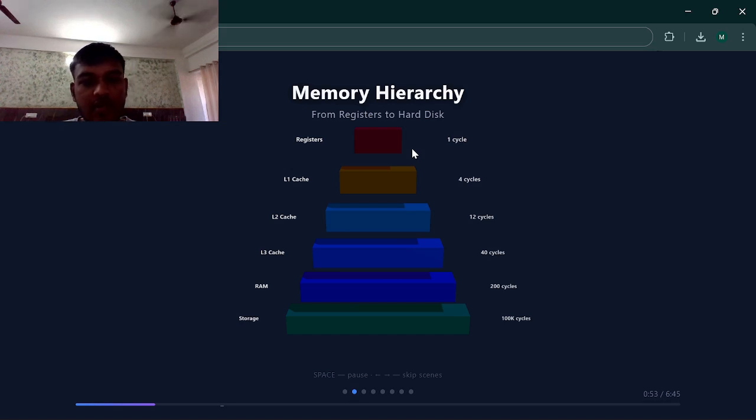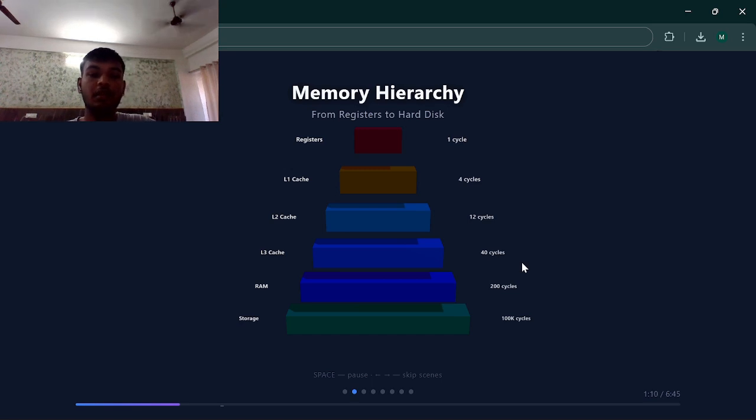It is the fastest and smallest memory. Then after that L1, L2, L3, followed by RAM and finally storage. As we move downward, memory becomes slower, but in size comparison, it gets larger. The hierarchy is the reason why cache exists: to reduce access time and improve performance.